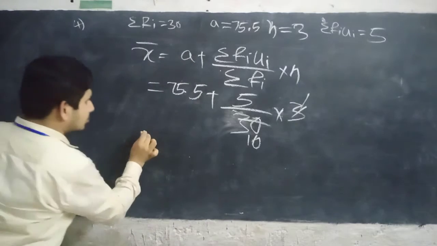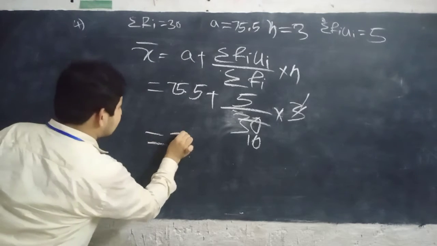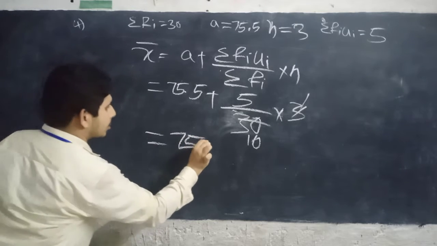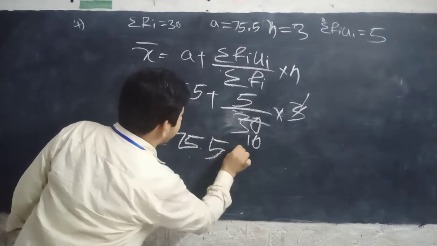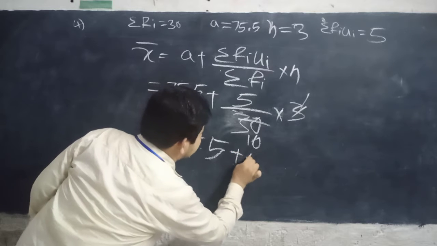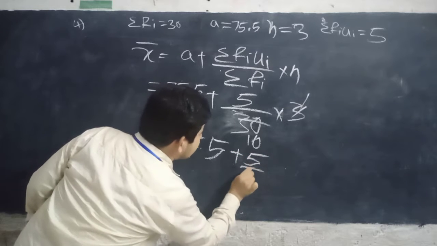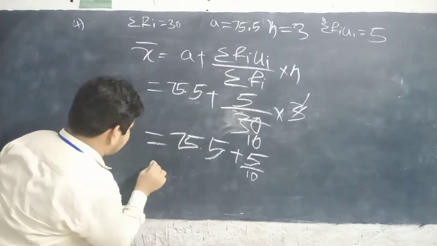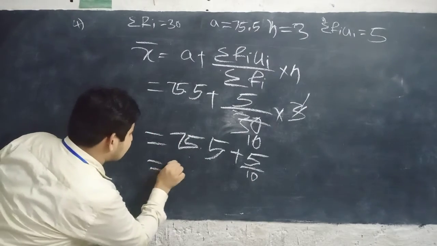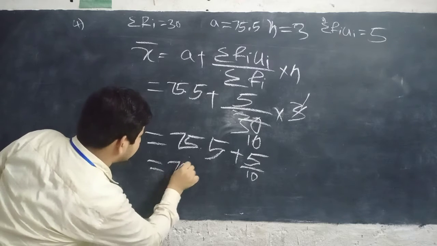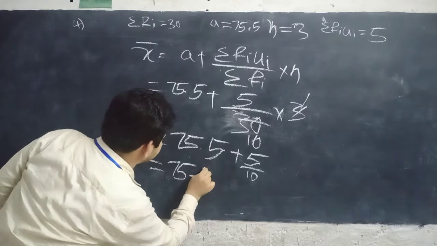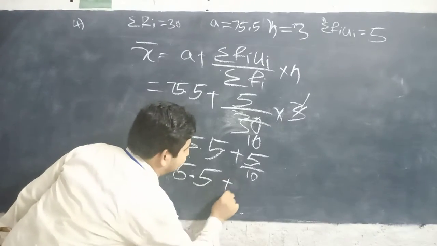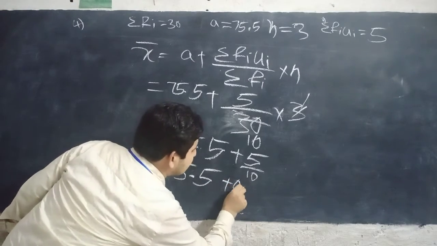Okay? Now 3 on the 3 tender. 75.5 plus 5 by 10. So that is nothing but 75.5 plus 0.5. 5 by 10 means what? 0.5.